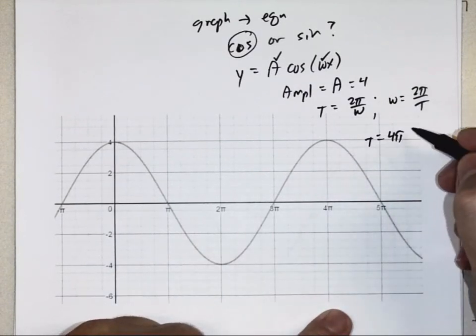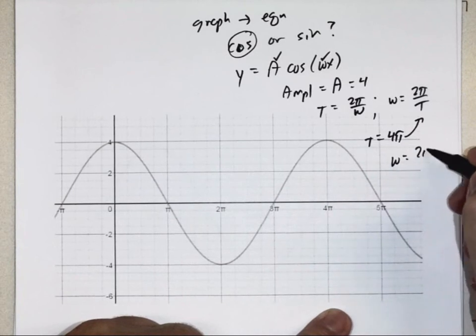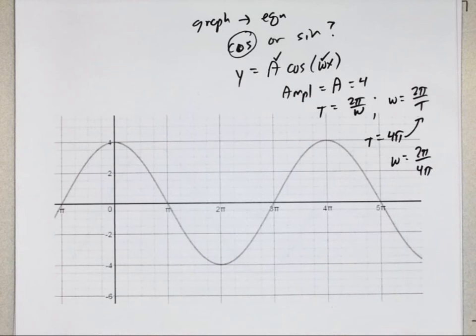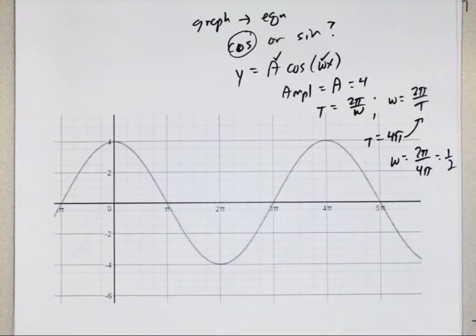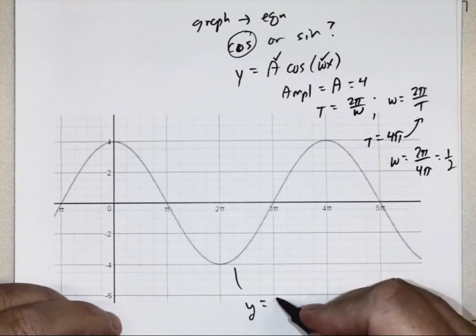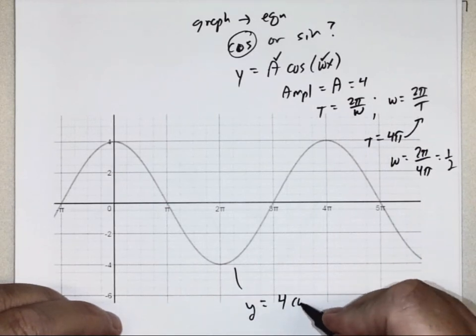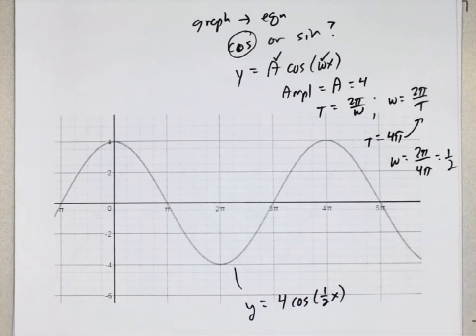Now, if I plug that in here, omega would be 2 pi over 4 pi, which is 1/2. So now I've got my A and my omega. I can say the equation for this graph is 4 cosine of 1/2 x.